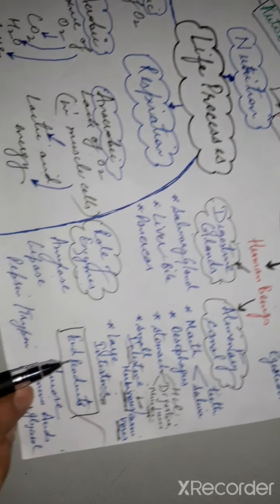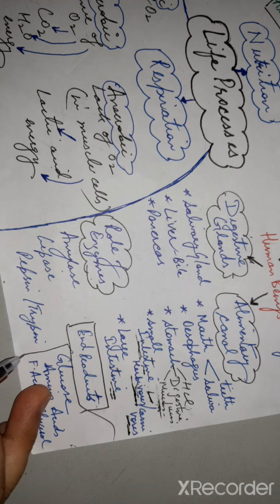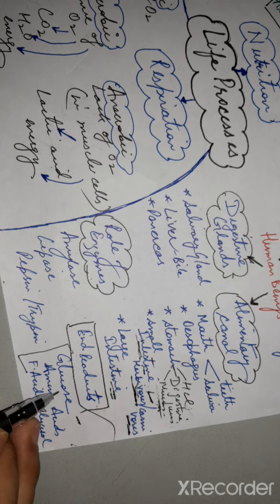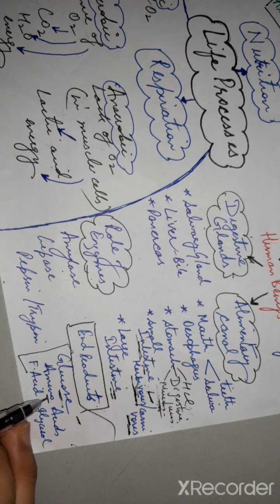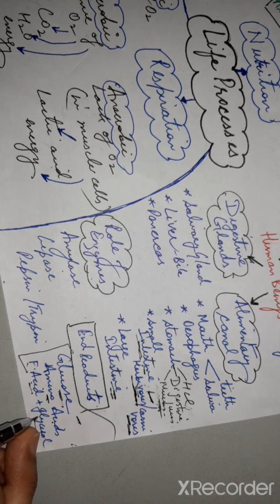Now the end products of the food, or the nutrients: carbohydrates are ultimately converted into glucose, proteins are ultimately converted into amino acids, and fats are ultimately converted into fatty acids and glycerol.